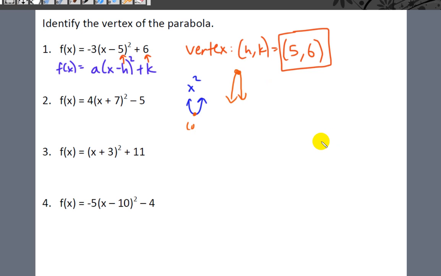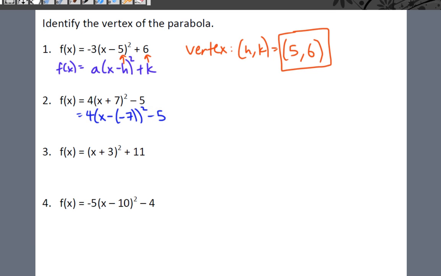Let's look at another example. We have f of x equals 4 times x plus 7 squared minus 5. If you want to write this in the vertex form, you could put 4 times x minus, and we have -7, because the plus is the same thing as subtracting a negative, minus 5.